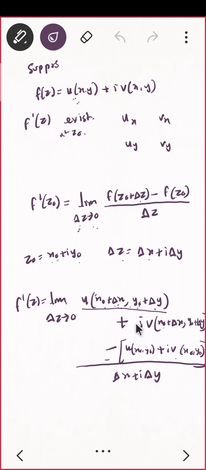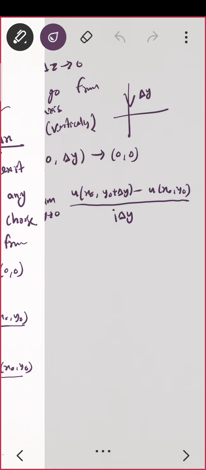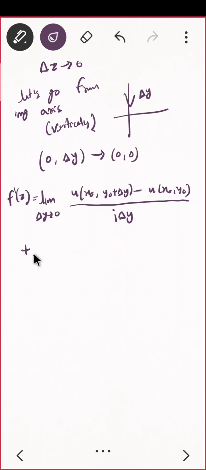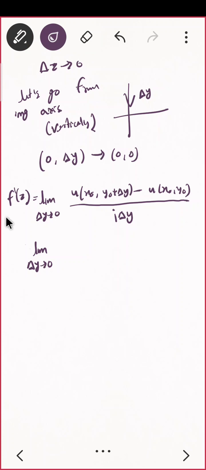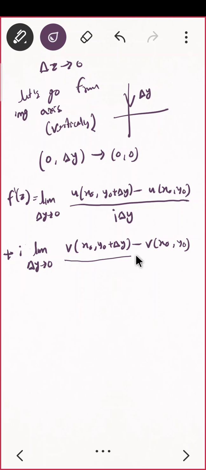Now if you take i common, then same thing, plus i times limit delta y tending to 0 of v of (x naught, y naught plus delta y) minus v of (x naught, y naught) divided by i delta y.